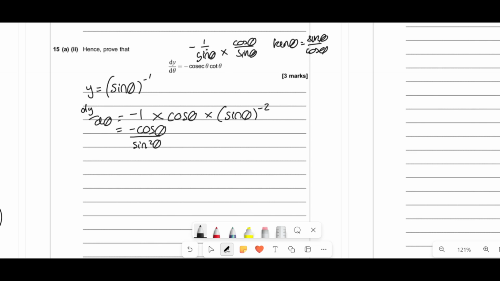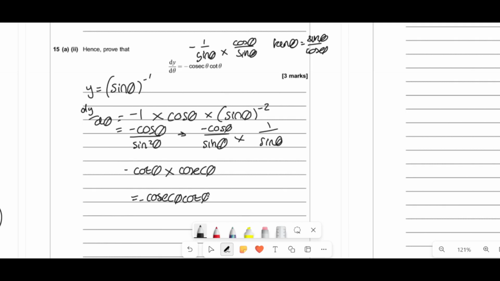So we can see that we've got the cos at the top, the negative cos, which is here, but we've got sine times sine. So I can split this out into negative cos theta over sine theta times 1 over sine theta, which you can see becomes negative cot theta times cosec theta, which is exactly that. So it's just negative cosec theta cot theta.